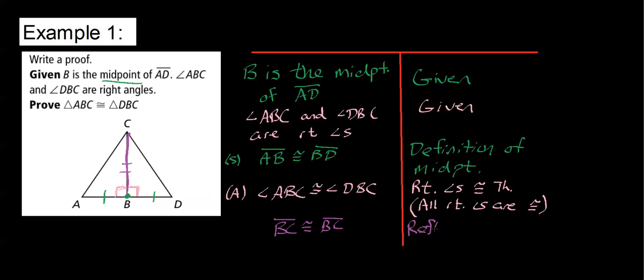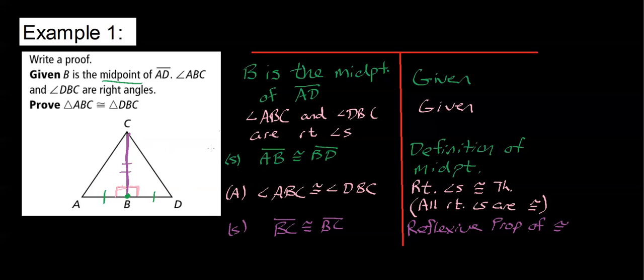And the reason is that's our reflexive property of congruence. And remember, things that you're looking for from the picture. Maybe you'll have a pair of vertical angles. Maybe you'll have the linear pair postulate coming up, or maybe you'll have the reflexive property coming up, where you have triangles sharing a side, like in this case. So notice that we have a pair of congruent sides right here.